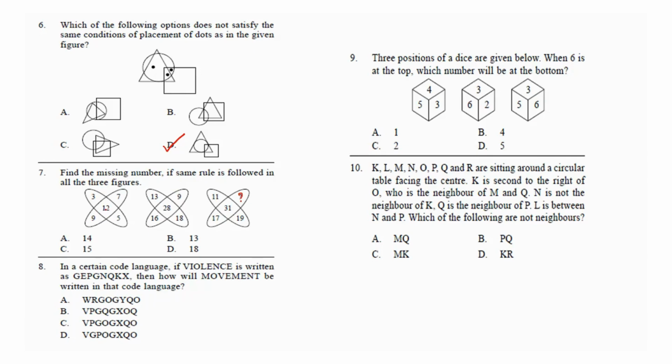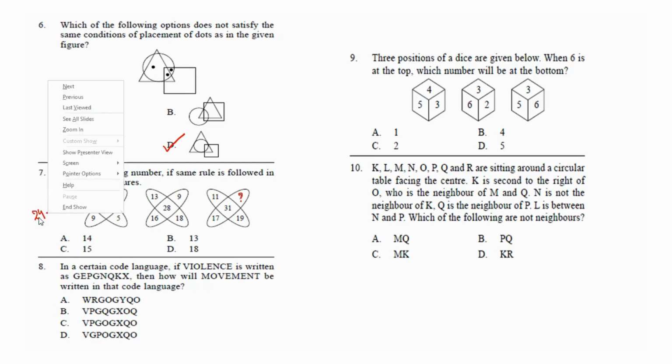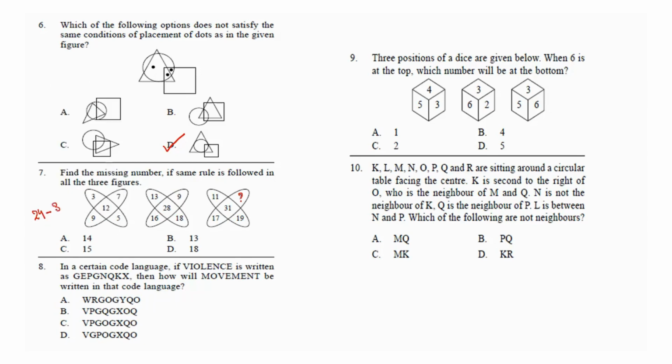Let's understand. So here if we double this 12, the 12 double is 24. So 24 minus 3 plus 7 plus 9 plus 5 is equal, right? So like this. Then 28. So double of 28 is 56.